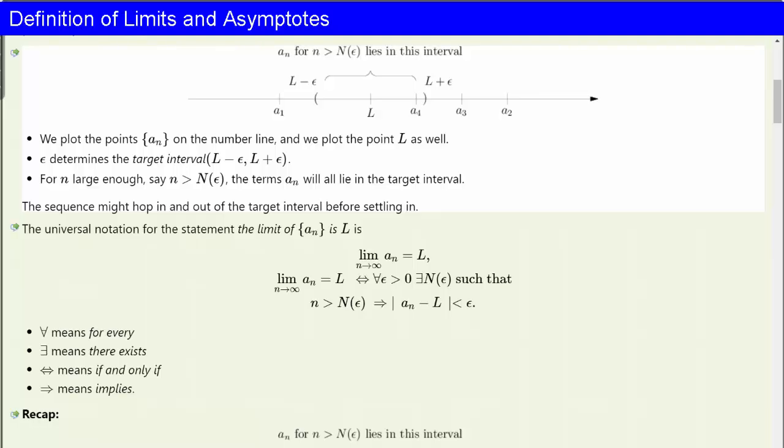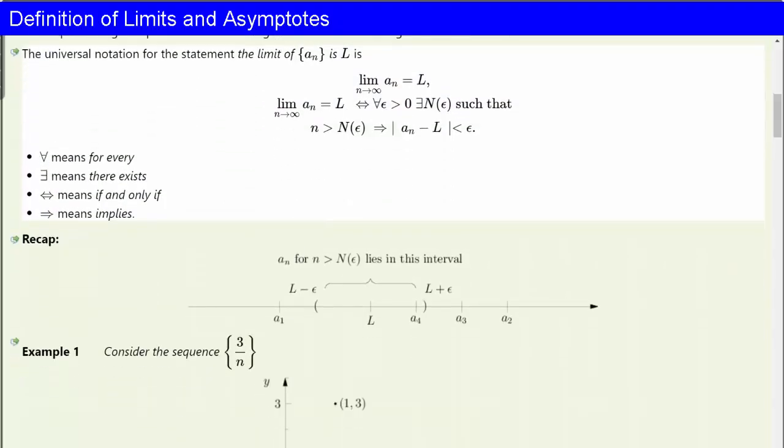Notice that the sequence might hop in and out of the target interval before settling in. We really don't care. Also, the sequence may just sit on L. For example, the constant sequence 2 has limit 2 because every term is 2.